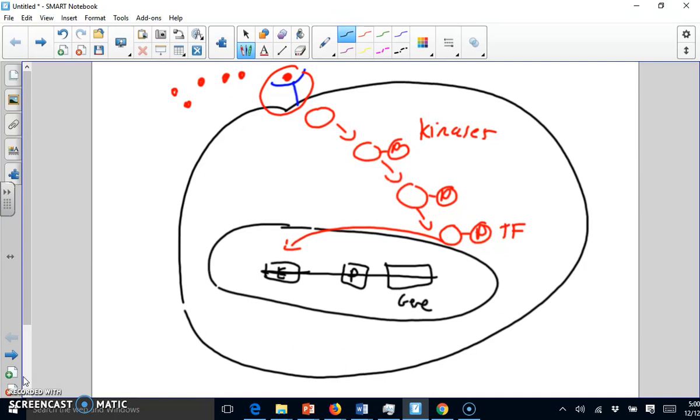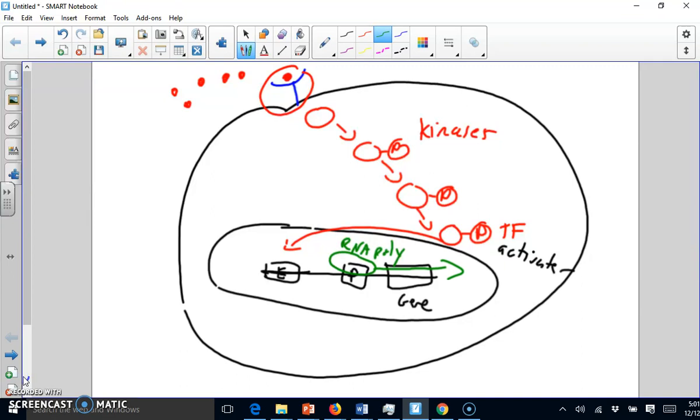The transcription factor goes into the nucleus and binds to the region called the enhancer region. In this case, this transcription factor could also be called an activator. When the transcription factor binds to the enhancer, it bends the DNA, and that allows RNA polymerase to more strongly attach to the promoter, and then it can transcribe the gene.